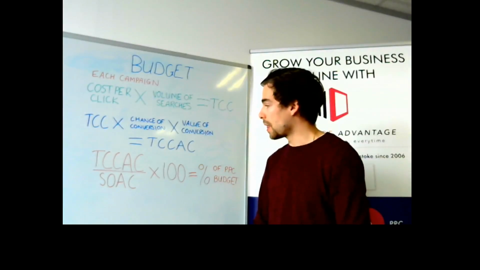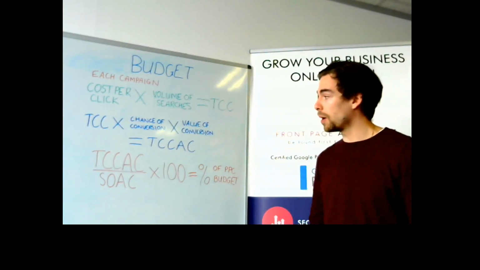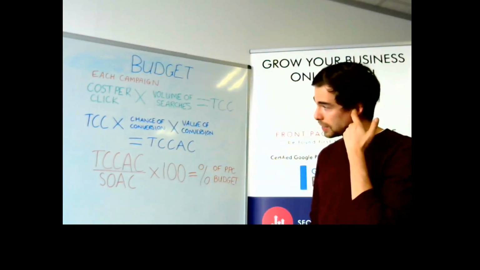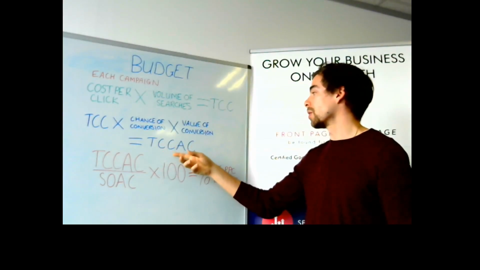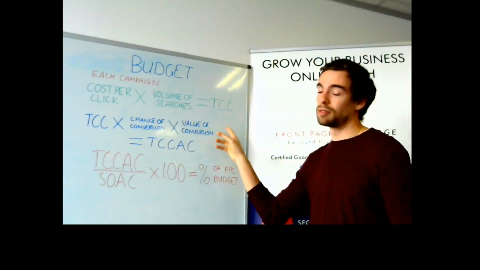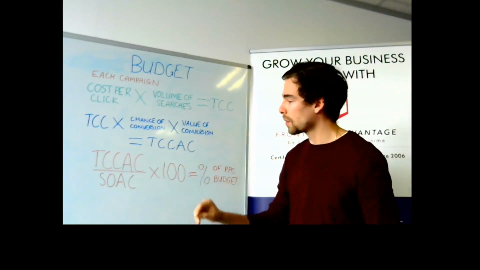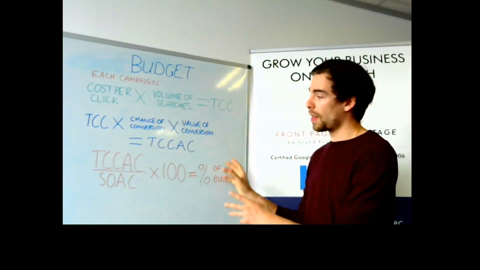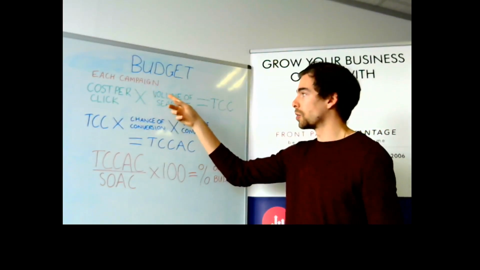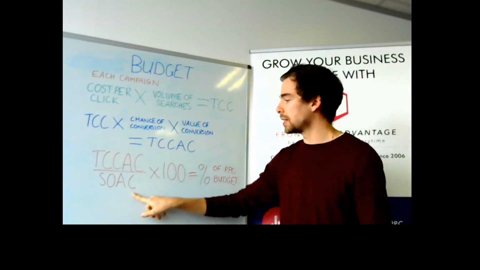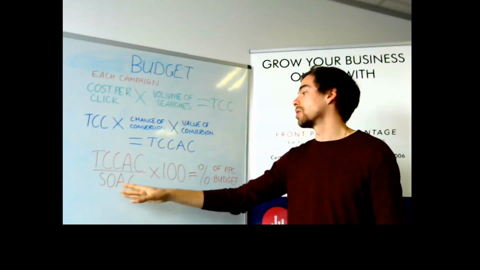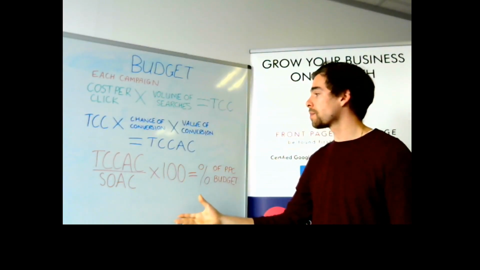Hopefully that has cleared up that part for you, and that then generates for you the total campaign cost adjusted for conversions. Once you've got that number for each of your campaigns, you can add them all up to generate this number here, which is the sum of all campaigns.